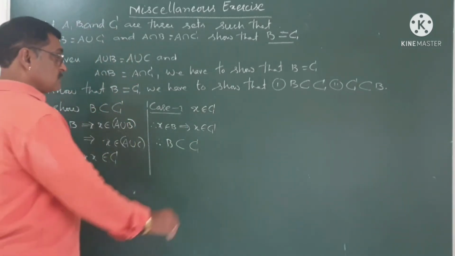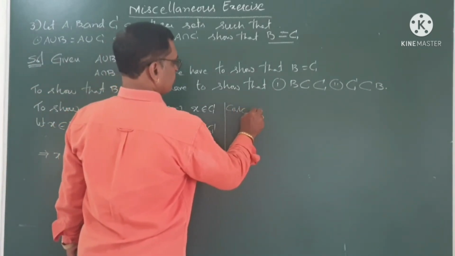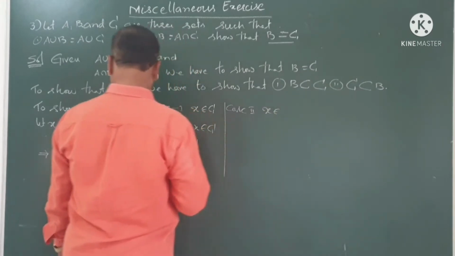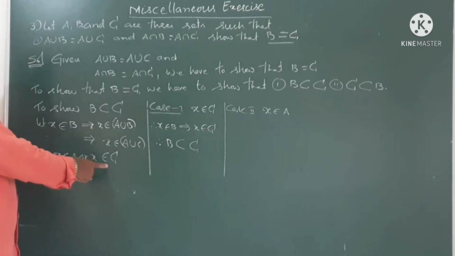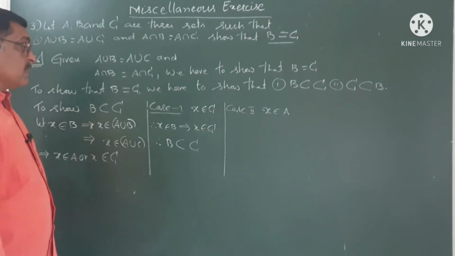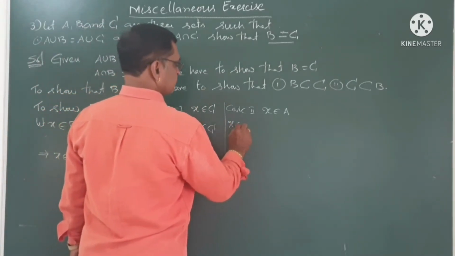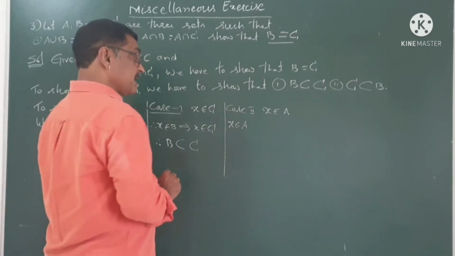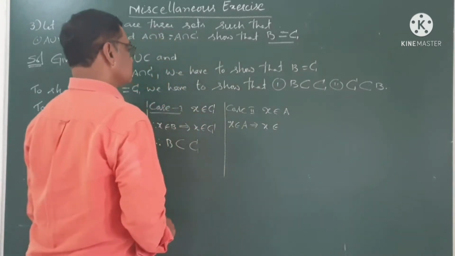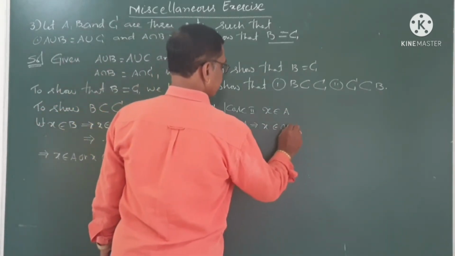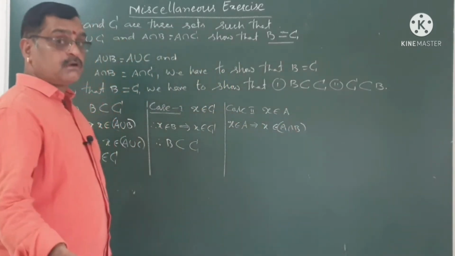Very good. Now, what is case 2? Case 2 is x belongs to A. Case 1 is x belongs to C, case 2 is x belongs to A. Okay. Now, x belongs to A. Can I write this as x belongs to A intersection B? Obviously, why?